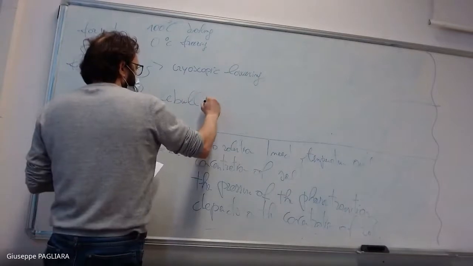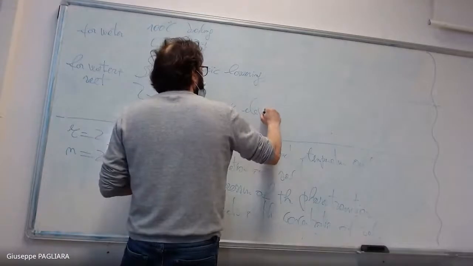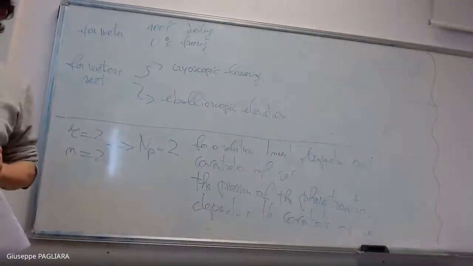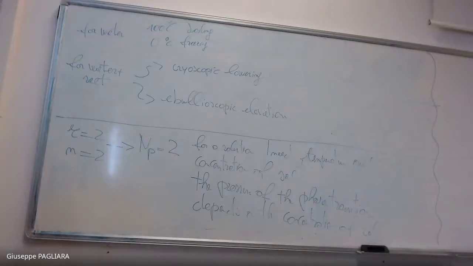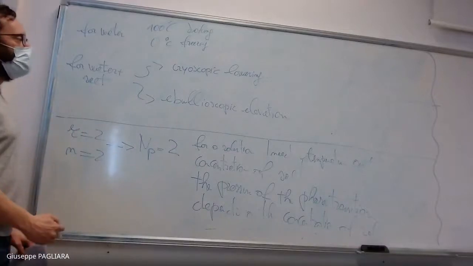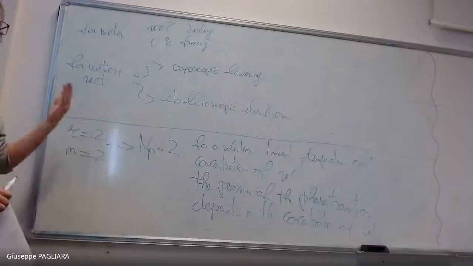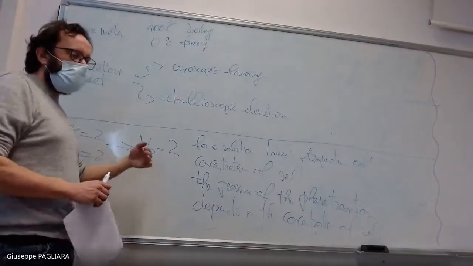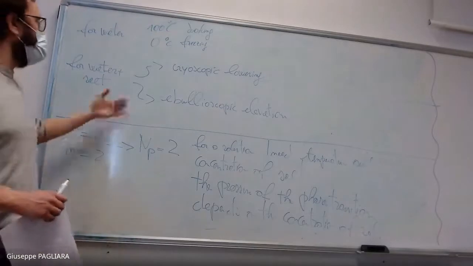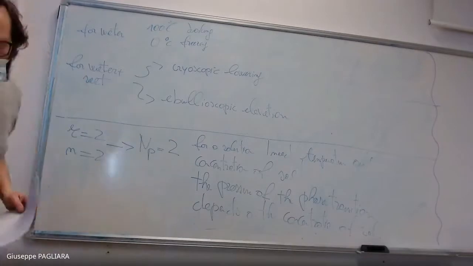No? Abbassamento crioscopico e innalzamento ebullioscopico. Avete sentito, no? Okay. So the temperature or the pressure at which you have the phase transition depends on the amount of, for instance, salt that you have in your solution. Okay, it's not something that is fixed anymore.